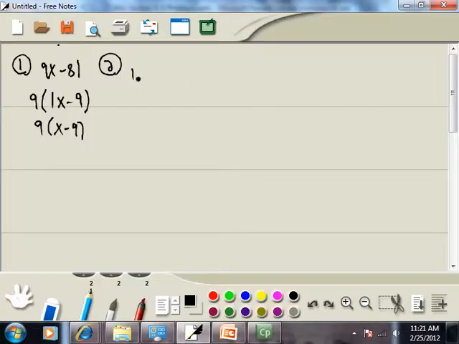Our second example, we got 10x squared plus 25x. Well, if I look first at the numbers, I got 10 and 25. The largest number that divides into both of those is 5. So 5 will come out. Now here we have an x squared and here we have an x.